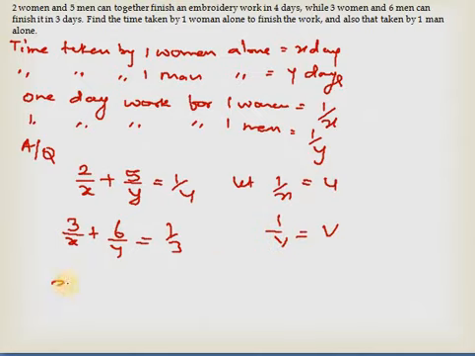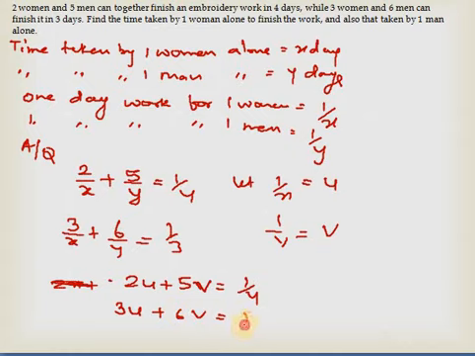So we can write 2u plus 5v is equal to 1 upon 4, and 3u plus 6v is equal to 1 upon 3.